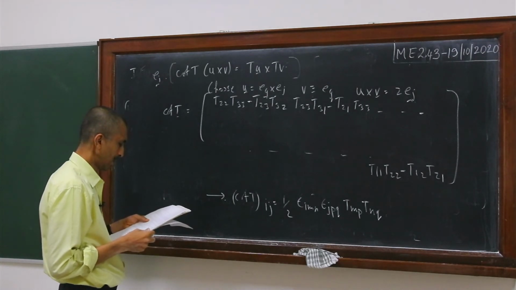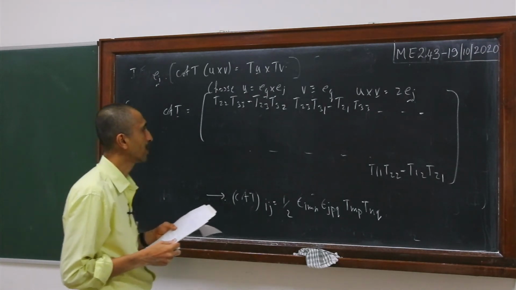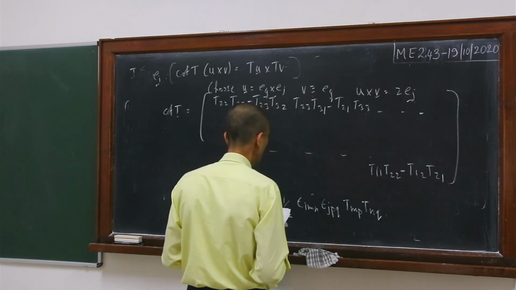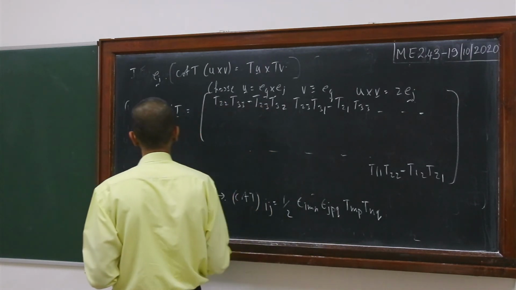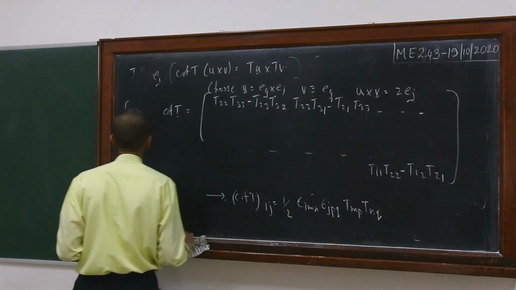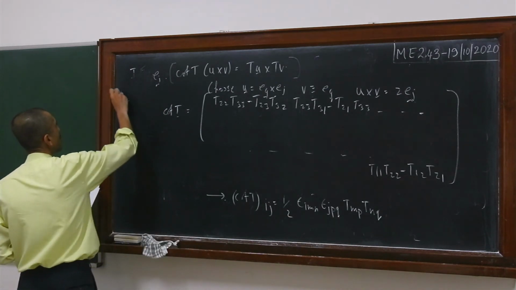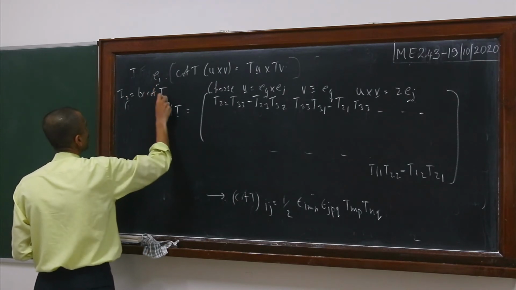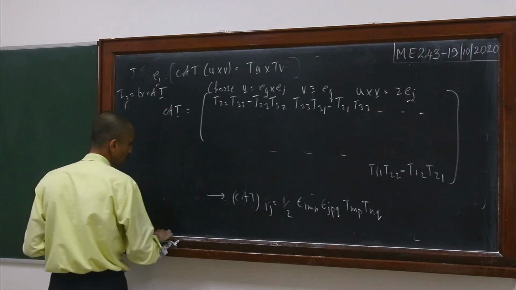Right. Fine. Now let us try to get a simplified expression for I2 in terms of the trace. So what we will show is that I2 is equal to trace of the cofactor of T. Okay, so this is what we want to show.